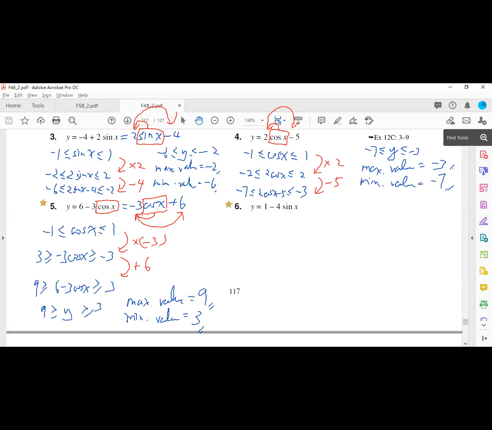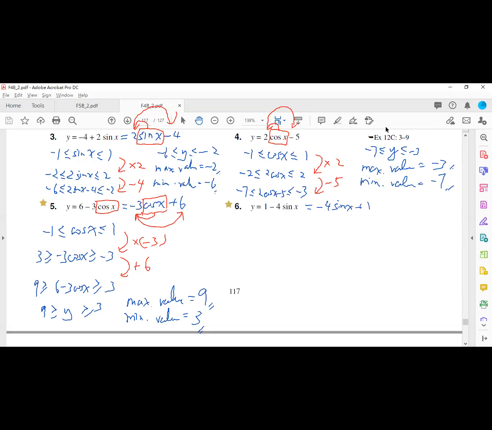Question number 6 is exactly the same as question number 5. Let us swap the terms first. 1 minus 4 sine x is equal to -4 sine x plus 1.